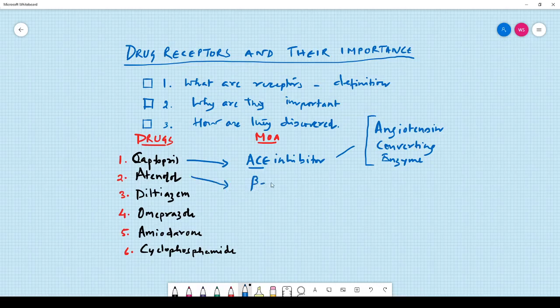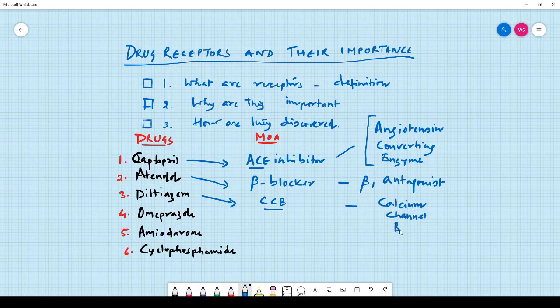It is a beta blocker. Specifically, a beta 1 antagonist. What is diltiazem? It's a CCB. What is a CCB? It's a calcium channel blocker.